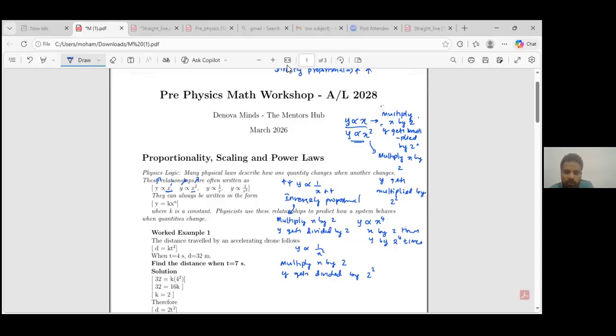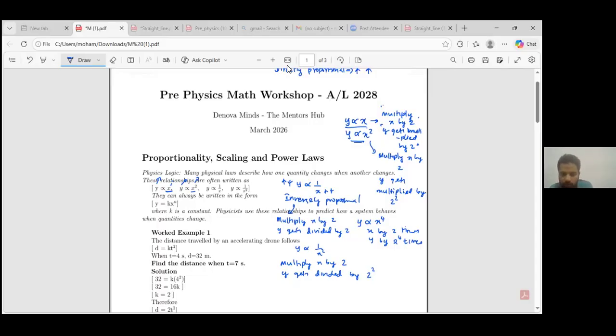So when you have inverse proportionality, when you multiply something by a certain value, the other quantity gets divided by that same value. Or if you have something like y is proportional to 1 over x squared, when you multiply x by 2, y would get divided by the square of 2.